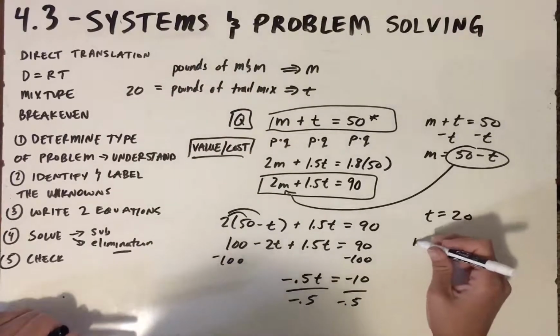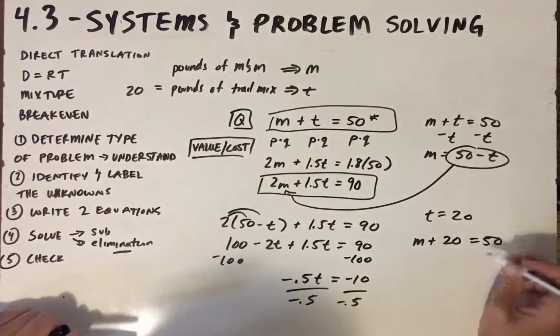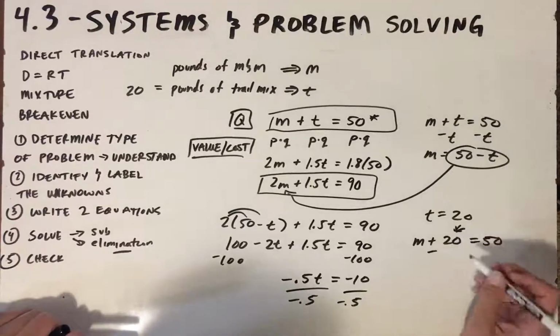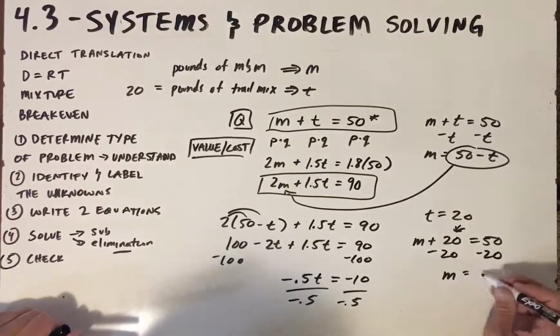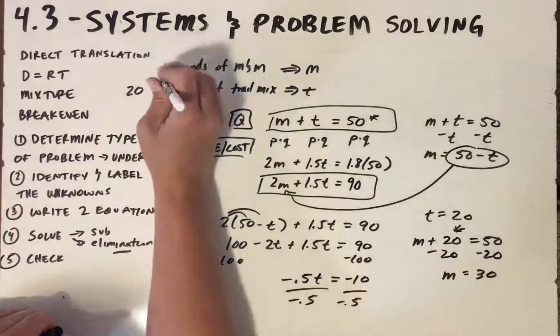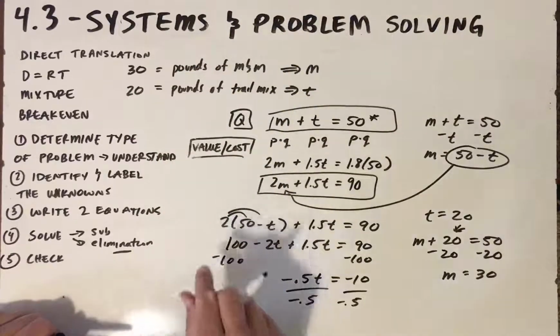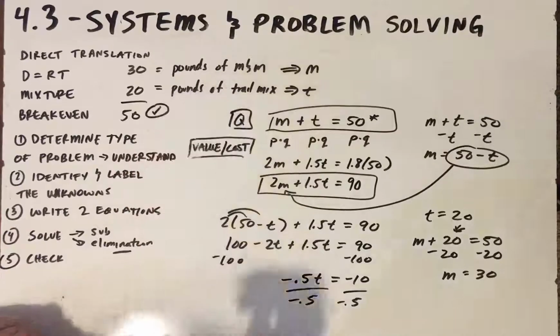Well, if the M&Ms plus the trail mix is going to be equal to 50 pounds, I substitute 20 for t right here. Subtract the 20 and my M&Ms is going to be 30 pounds. So I'm going to put in 30 pounds of M&Ms and 20 pounds of trail mix for a total of 50 pounds. That checks out.